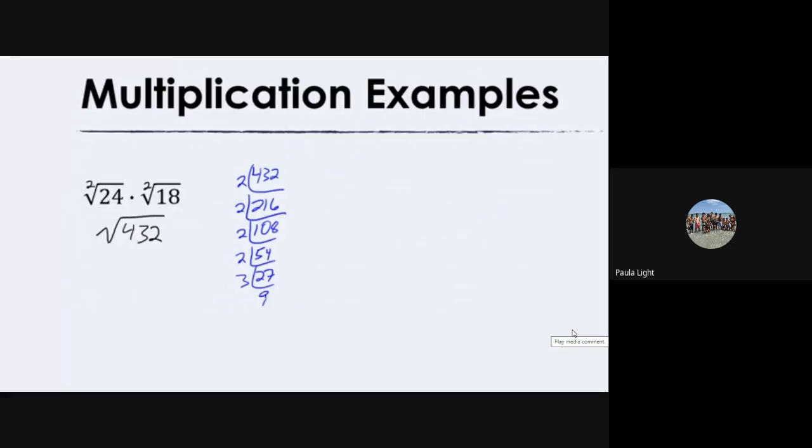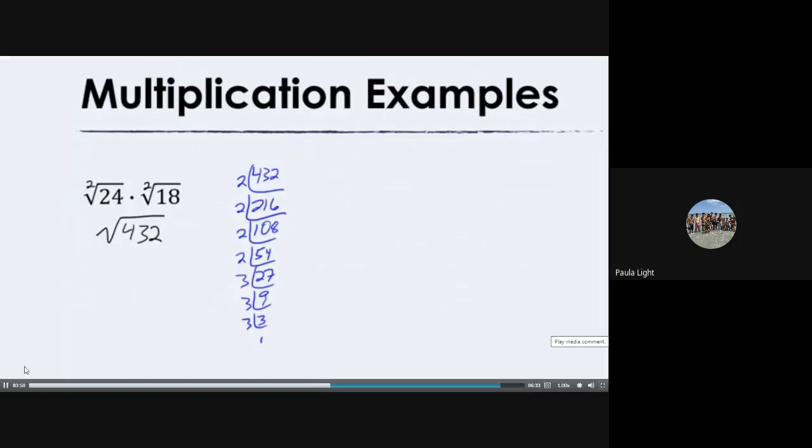Then 3 times 9, 3, 3, 1. Remember, we're just looking for pairs because it's a square root. So now he's going to go down his prime factorization. It doesn't look like a tree. It kind of looks like a ladder, the way he does it.